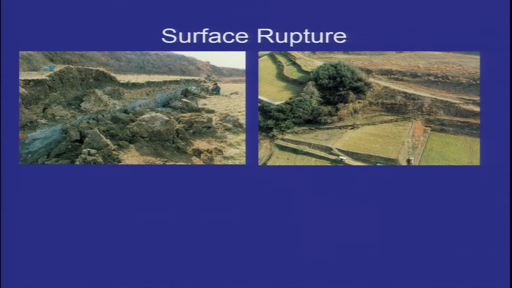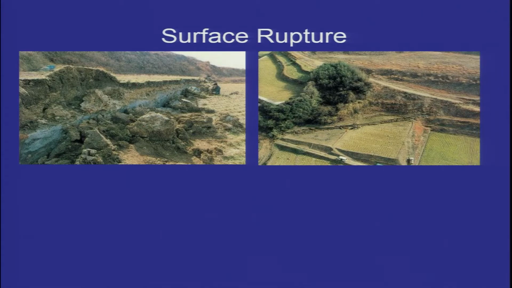I'll come to this photograph in a coming slide. So you have the movement along the fault. Whatever we were talking about, or we have seen in the sketches which I was drawing, and what we have learned in some cartoon clippings, how the faulting will take place and which block will move up and which block will go down.